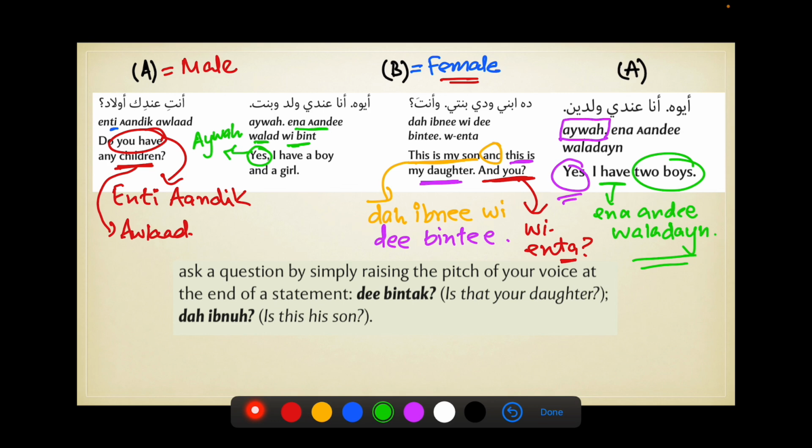And B is replying aywa ana andi walad wi bint, which means, yes, I have a boy and a girl. B is also saying da ibni, di binti, wi anta, which means, this is my son and this is my daughter. And you? And A is replying back with aywa ana andi waladeen, which means, yes, I have two boys.